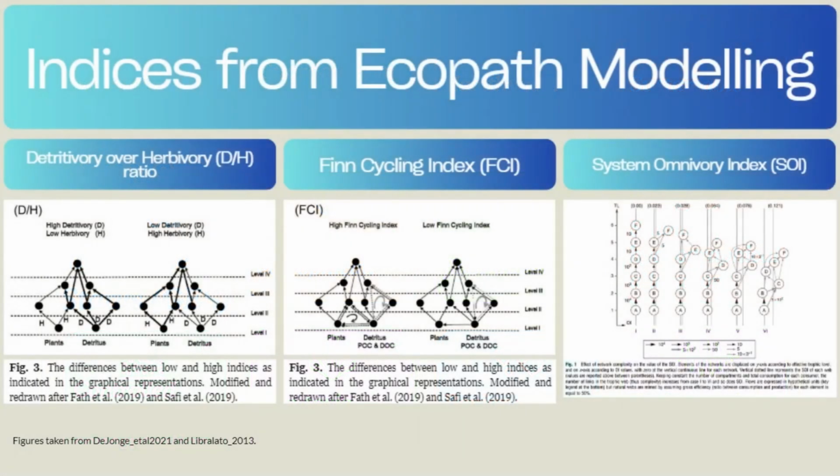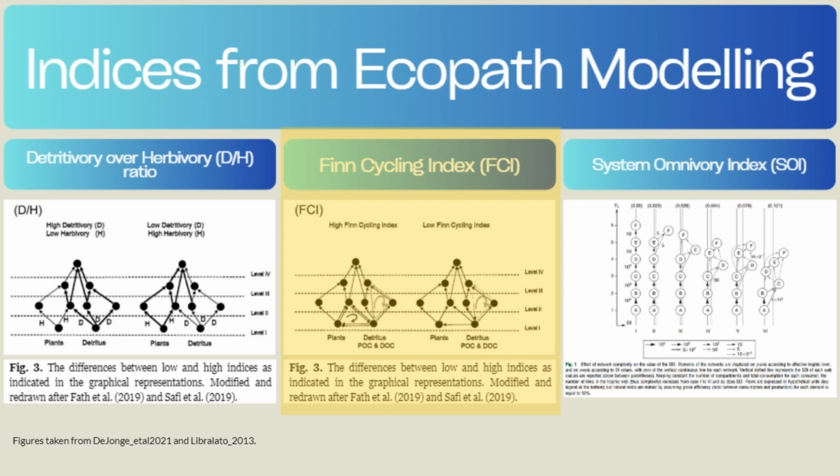Sample indices include: 1. Detritivory over herbivory, D/H ratio. This ratio represents the relationship between the two food sources. In this case, knowing the aggregate trophic level of an ecosystem is a crucial factor in the computation of the ratio. 2. Finn Cycling Index, FCI.